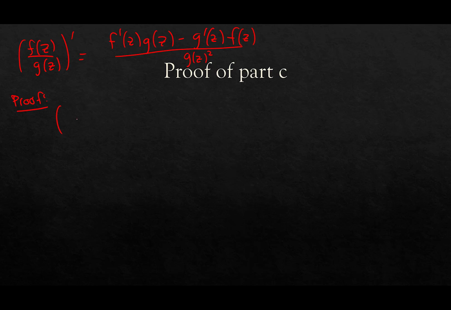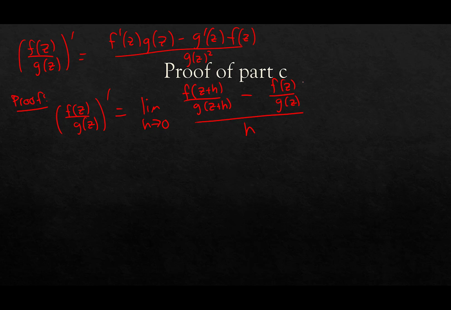By definition, the derivative of f over g of z, and now we're going to use the difference quotient definition, is equal to the limit as h approaches 0 of f of z plus h over g of z plus h minus f of z over g of z, all divided by h. Okay, so that's our definition of the derivative.